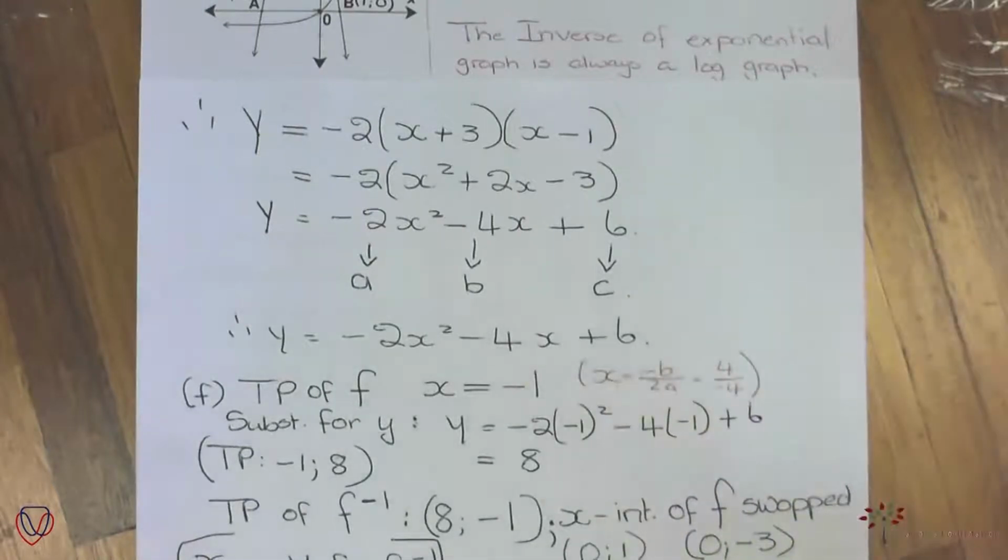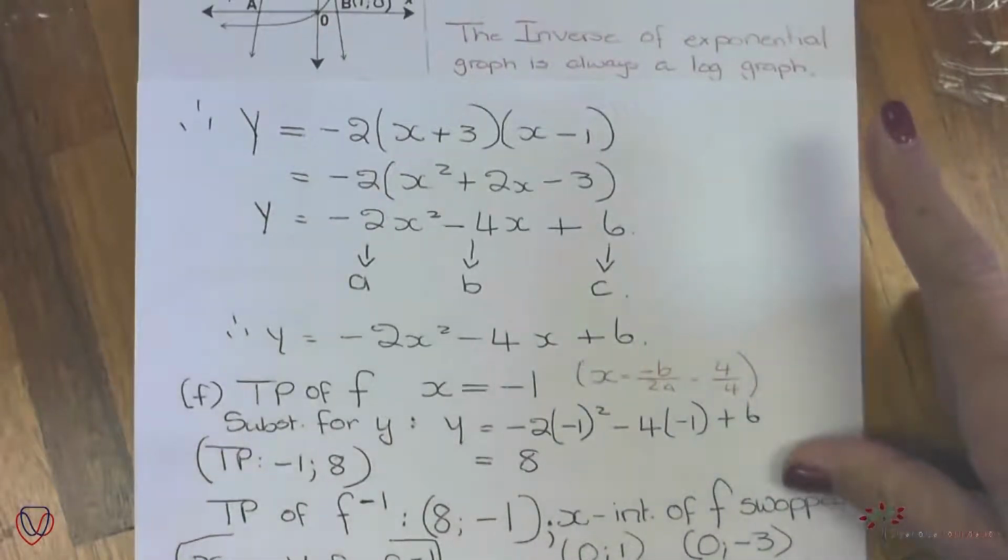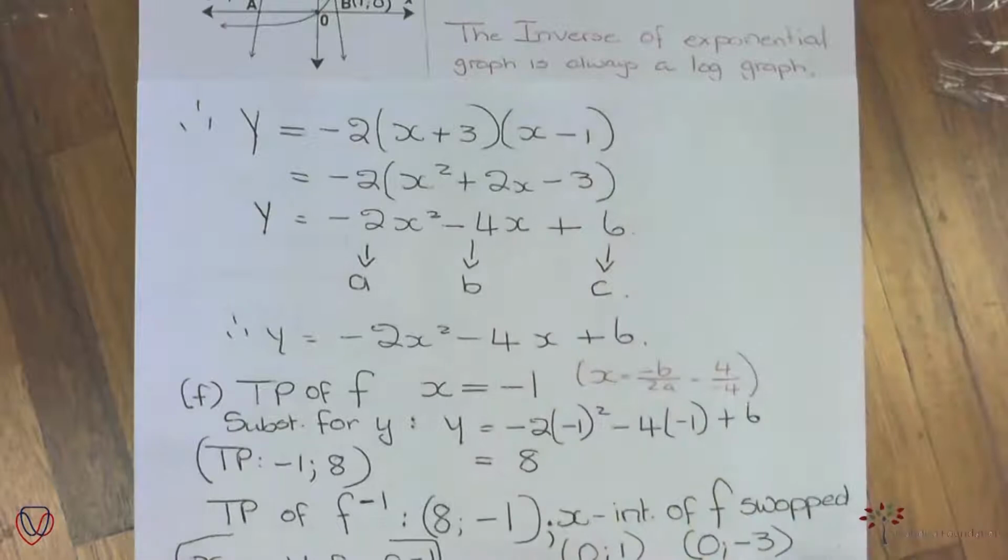The x-intercepts will also swap. So, instead of having 0, 1 and 0, negative 3, you're going to say, no, the x-intercepts was 0, 3 and 0, negative 1. Now I swap them. The one will be positive 1, the other one will be negative 3.